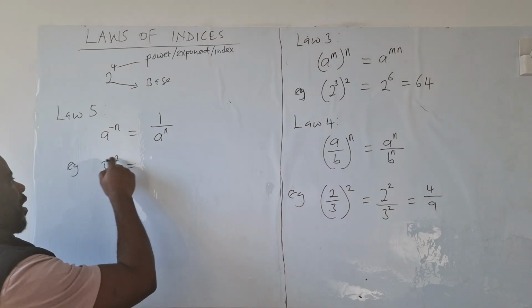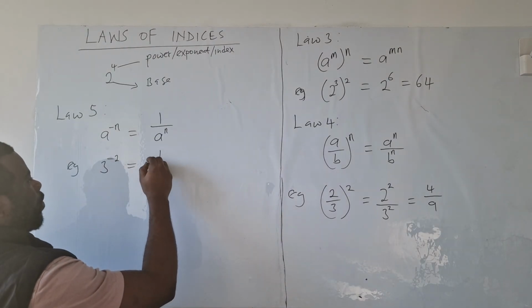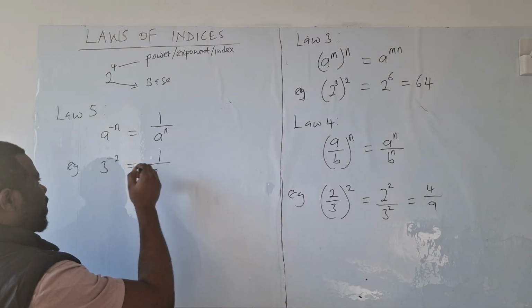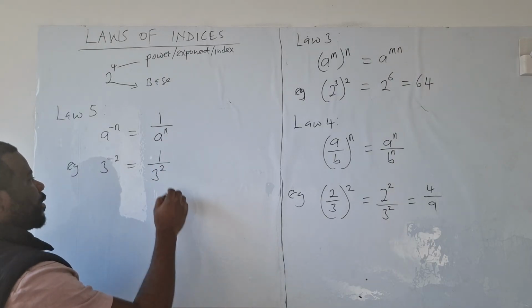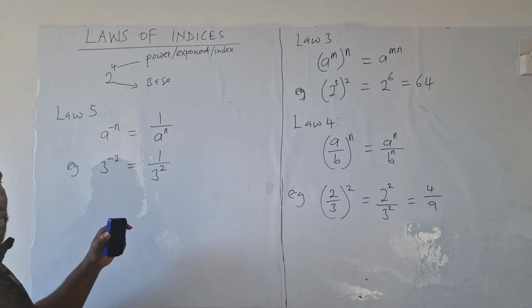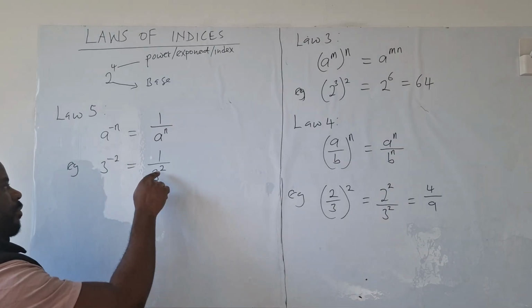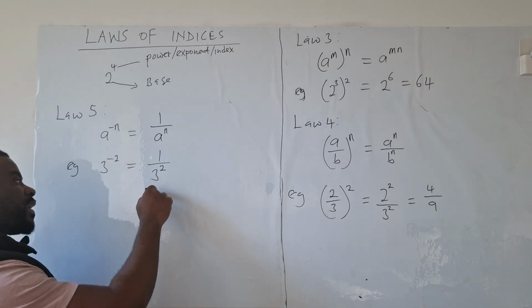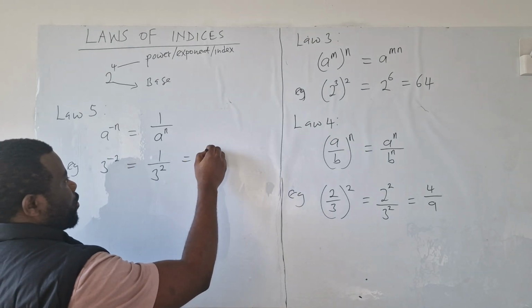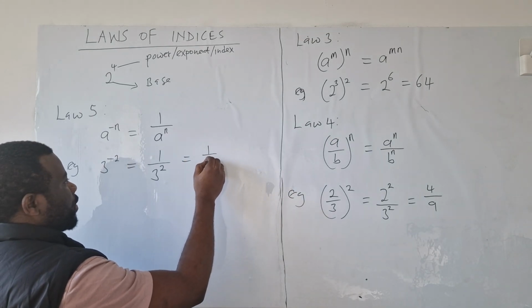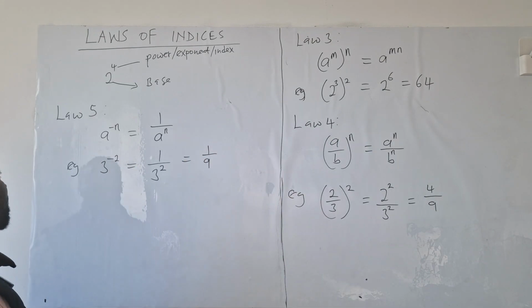We take the reciprocal of this term, 1 on, and the negative power will change to positive. So we have 1 on 3 raised to the power 2. Because we have a positive power here, we can now find the value of 3 power 2, and this gives us 1 on 9.